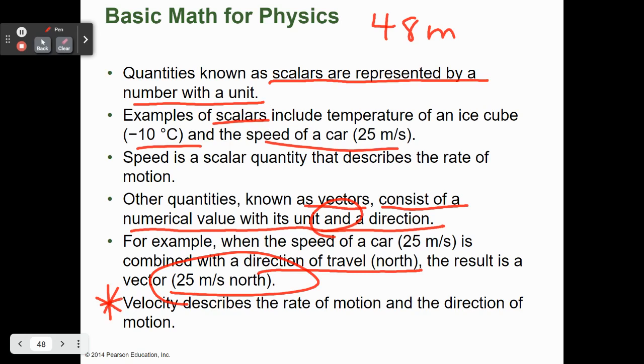We're going to have other types of dimensions that are vector quantities. We talk about different forces. We talk about force of friction, and those are the two that pop in my head right now. But velocity is specifically how fast you're going and in what direction.